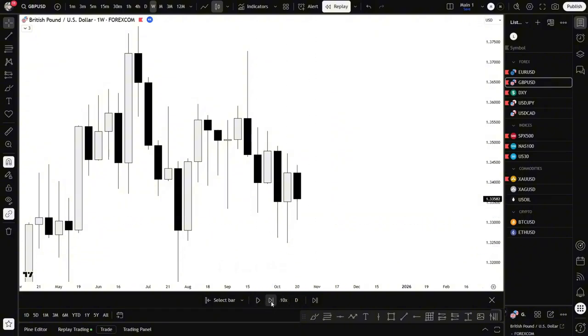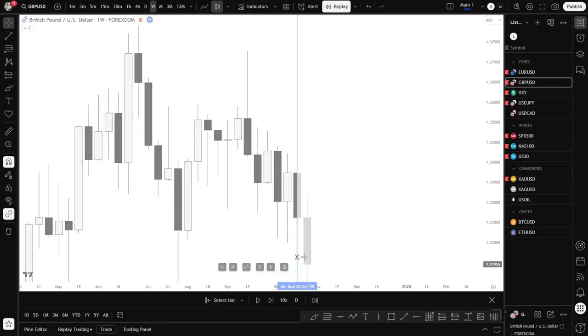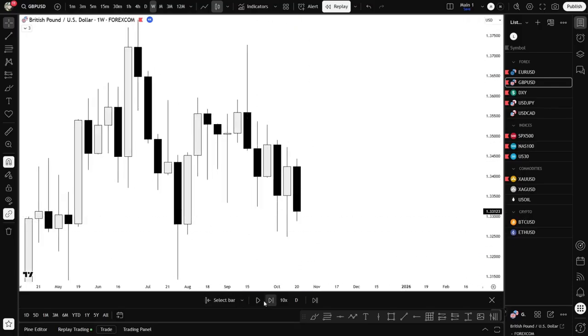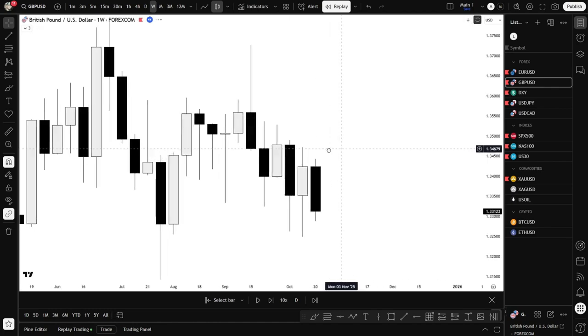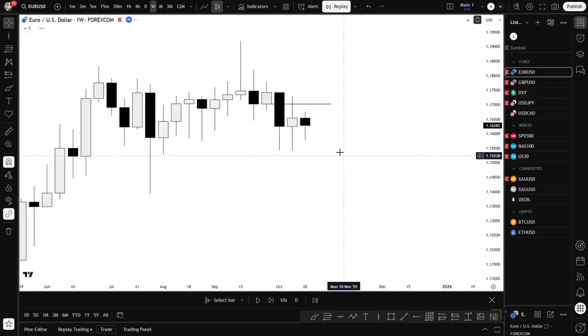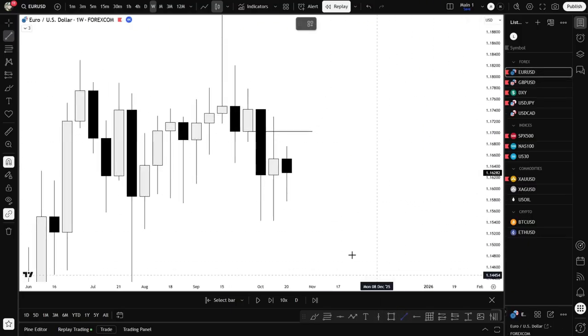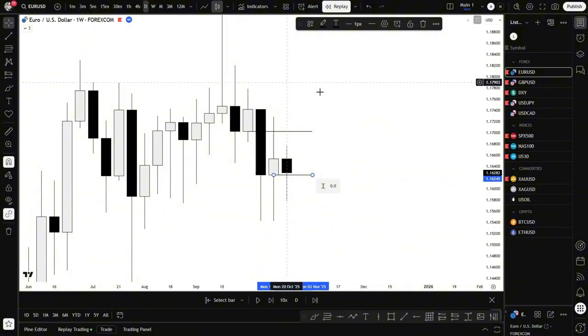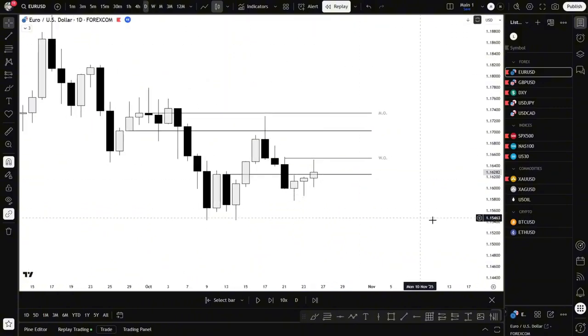Now let's mark the key level. Oh, my bad. So we mark the key level and the opening price, right? Same on EU. We have high probability targets, and you can refine it into daily.